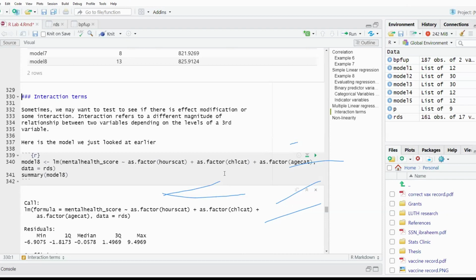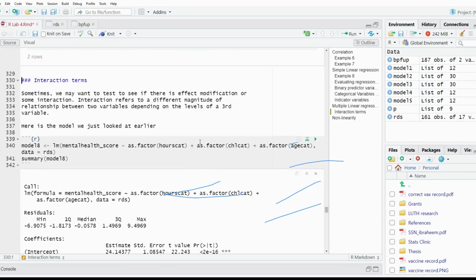Interaction terms are essentially a way for us to look at how the results differ, how the relationship differs, as a function of a third variable.